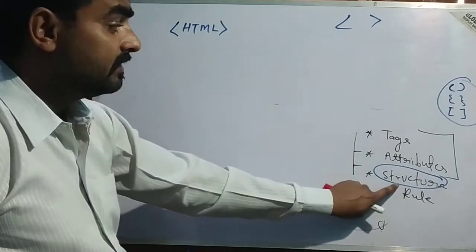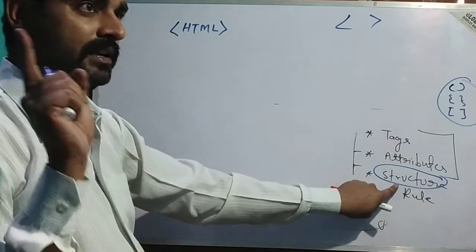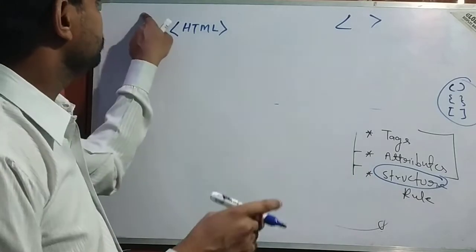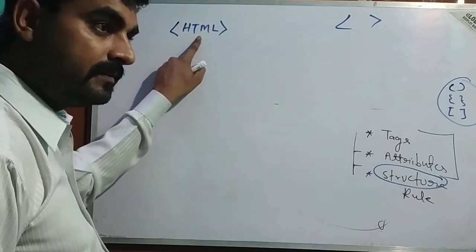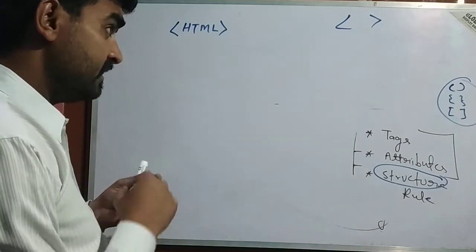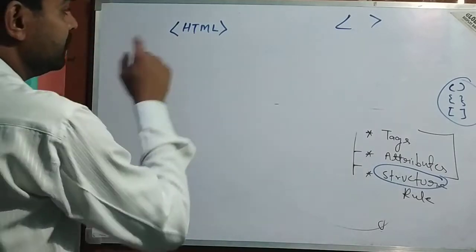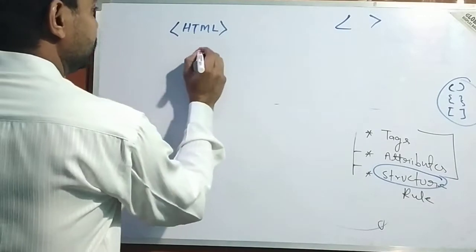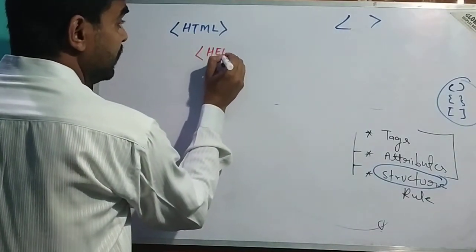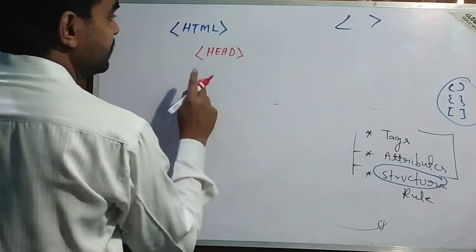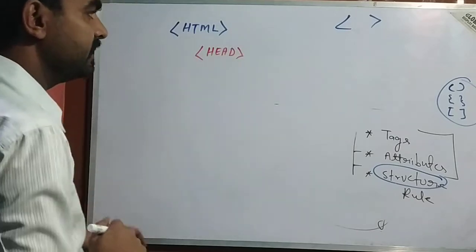I am explaining the structure of HTML. You can make a note. Structure of HTML: it starts with the HTML tag, and the second tag under the HTML tag is head. The head tag is in angle brackets.